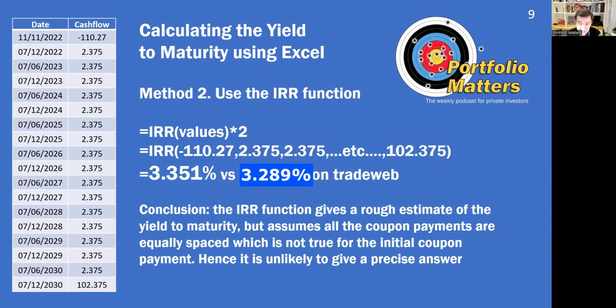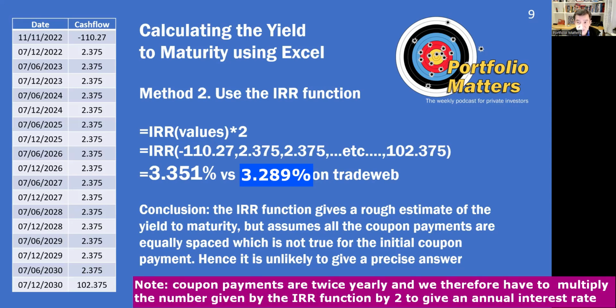It assumes that all the coupon payments and the final redemption payments occur at regular intervals. Now, of course, unless you buy the bond on a coupon date, that assumption is not going to be correct. The time to the first coupon payment will be different than the time between all subsequent coupon payments.